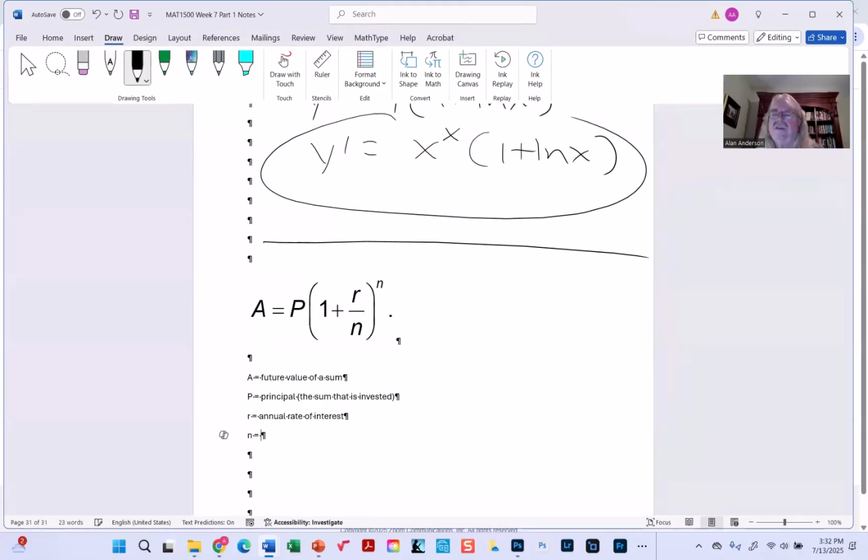Now, n is an interesting variable. n is the number of times per year that interest is credited to the investor. In other words, in more formal terminology, it's the compounding frequency.